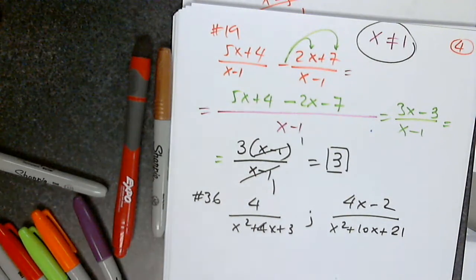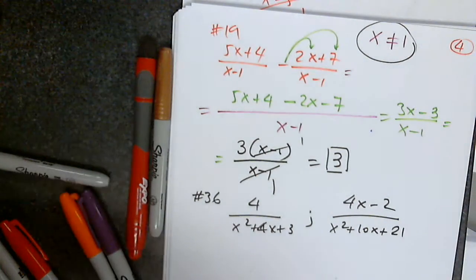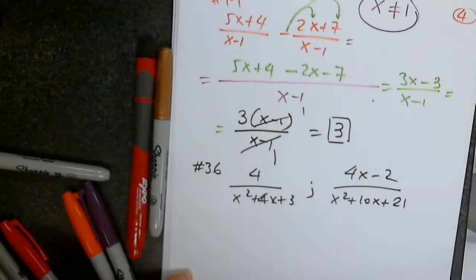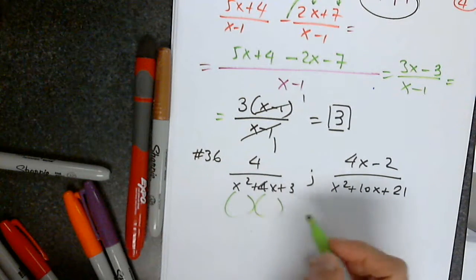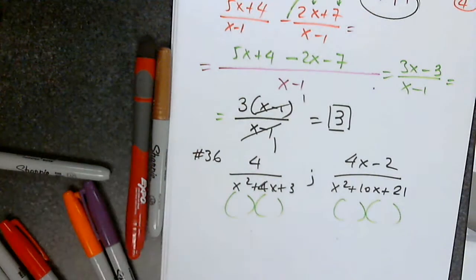So we have to completely factor each denominator. So 4 divided by x squared plus 4x plus 3, and 4x minus 2 divided by x squared plus 10x plus 21. So we're going to try to factor both denominators and see what we come up with.